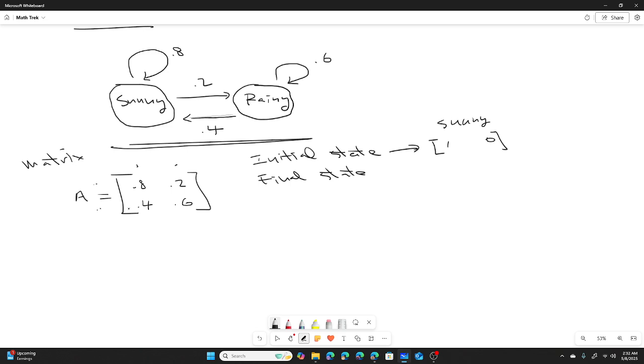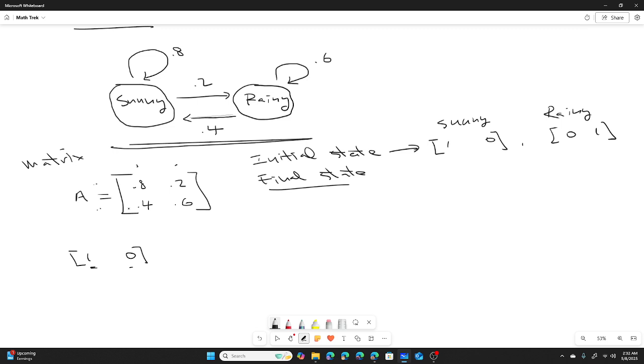What about rainy? Rainy would be 0, 1. To get the next state, maybe the state for tomorrow, we could say, if today is sunny, it's going to be 1, 0. That means that the 1 here means that the probability of today being sunny is 100%, and the probability of today being rainy is 0%.